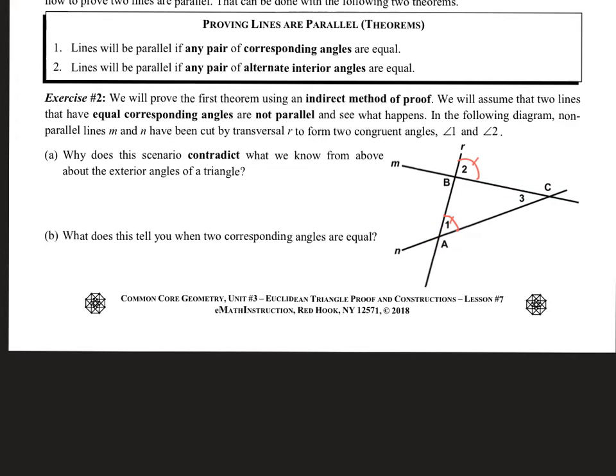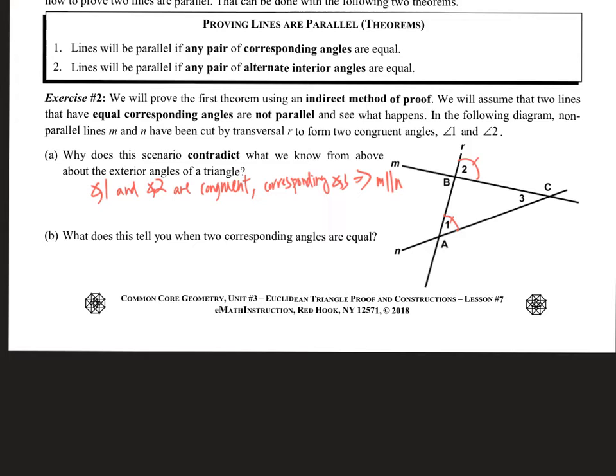So angle 1 and angle 2 are congruent, but they're also corresponding angles. So if these corresponding angles are congruent, then we know that M is going to be parallel to N based on this first theorem that we had over here that proved whether or not two lines were going to be parallel.